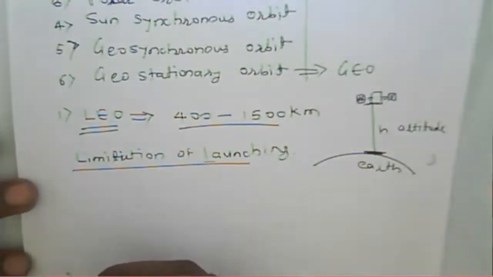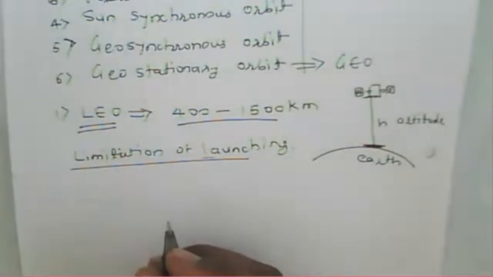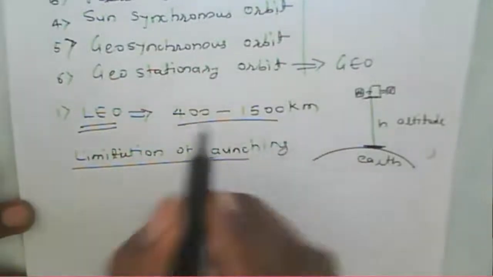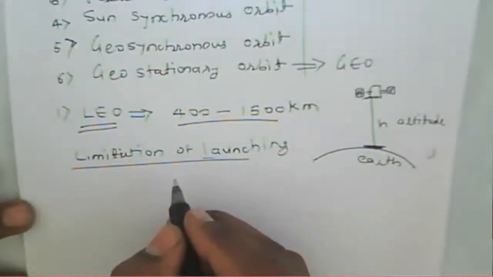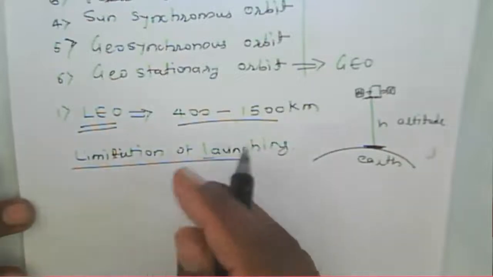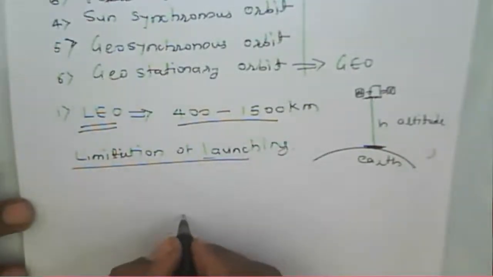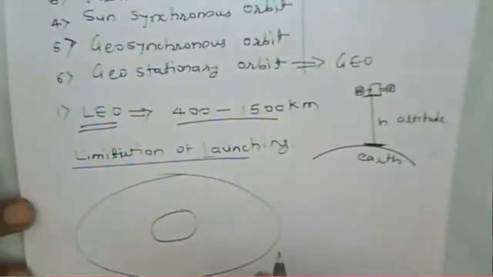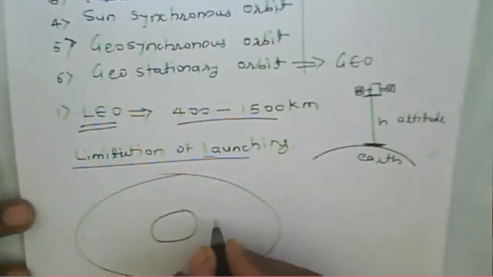We have seen Kepler's law earlier: how much time is taken by the satellite, for a short duration, a swift time, and how much area is covered by the satellite. Here is the Earth and the satellite is rotating.